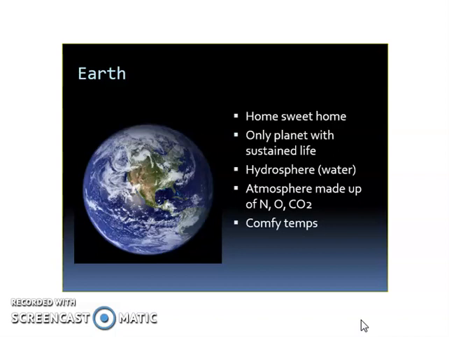This is the only planet where plants can grow and humans and animals can live. Okay, so I will not discuss Earth further because we experience a lot about Earth.